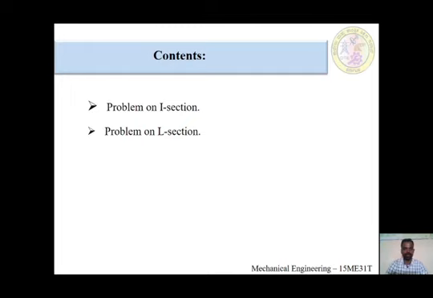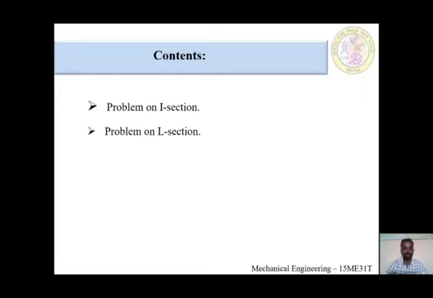The next step is the algebraic sum of the moments of inertia of the individual sections. Today we are going to follow the same procedure. We will solve two problems, one on I section and one on L section.